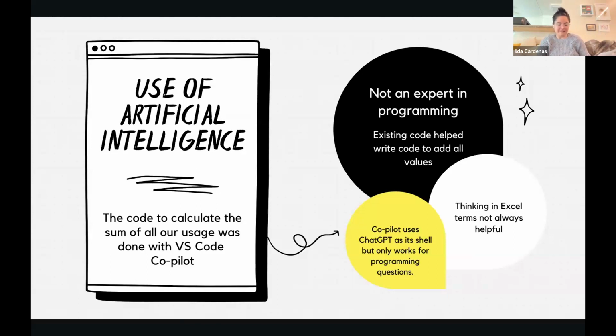Suffice to say, I'm barely able to write code. My library has an internal programmer, and shout out to David Palmquist. He helped me write all of the harassment code, and he recommended that I try out Copilot.